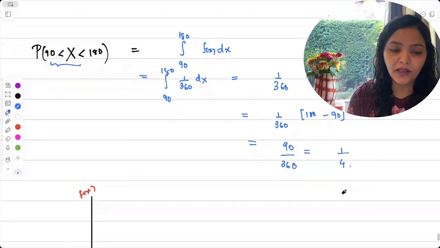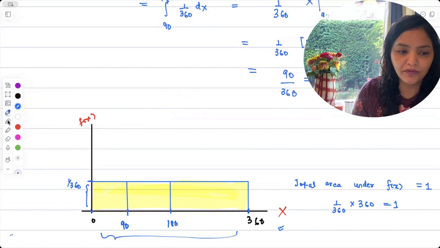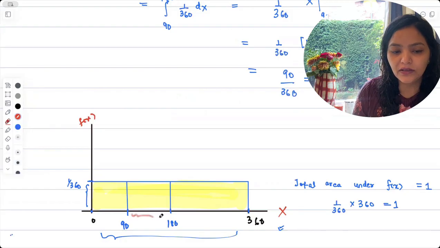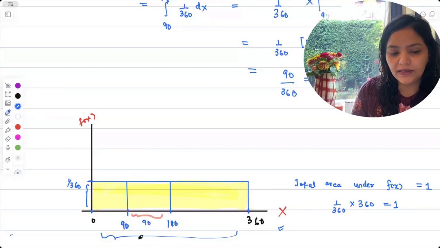Okay. Now, the same thing you can actually pick up from here as well. If you want to find out the area between 90 to 180, well, the length is this, and of course, the height remains 1 upon 360.